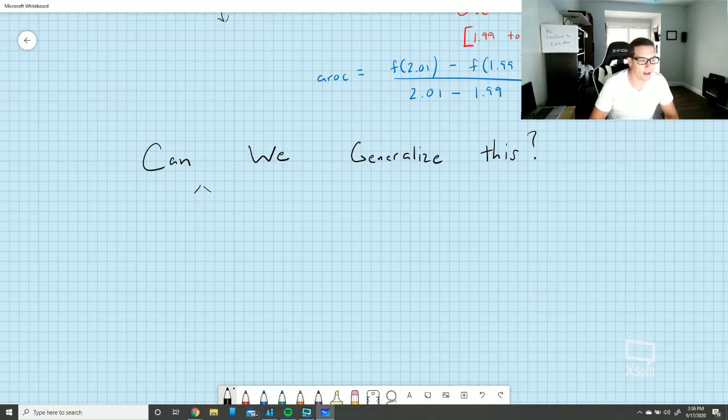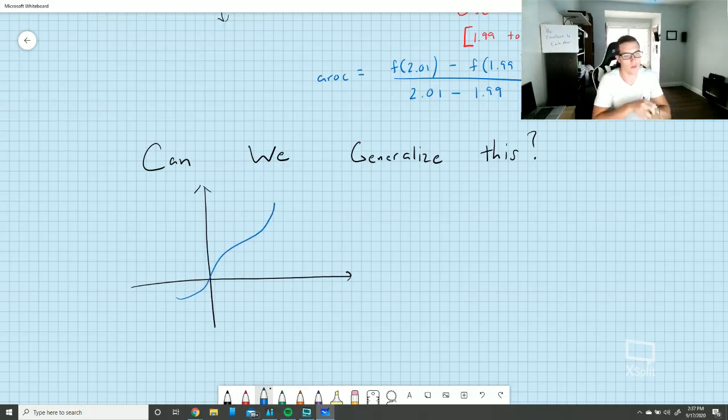Let's think about it. If we had a function that did this, I want to figure out the instantaneous rate of change at this point right here. So I want to find the slope at this instant in time. Here's what I can do.